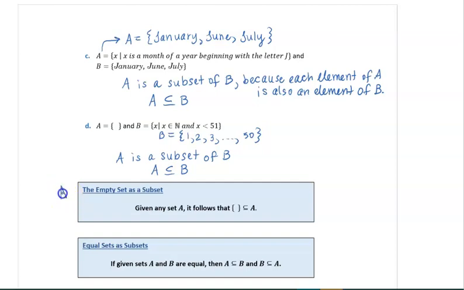So that gives us the statement here, the empty set as a subset. Given any set A, it follows that the empty set will be a subset of the given set.